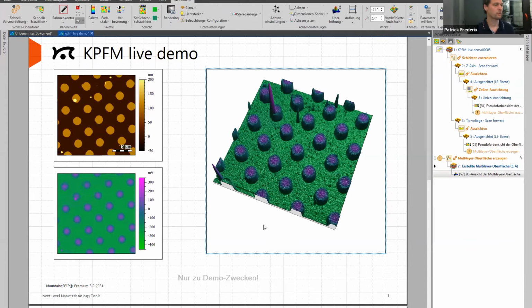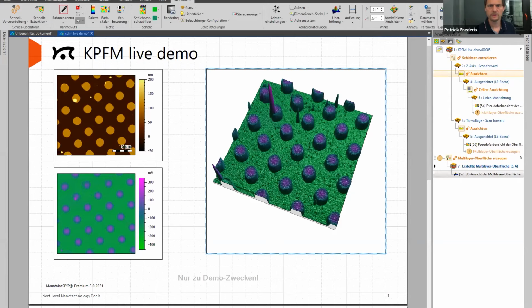It has remembered all the processing steps with the parameters that I used. So that is a little bit about the data processing you can do with KPFM, so that you can nicely make overlays and better correlate the potential with the topography.